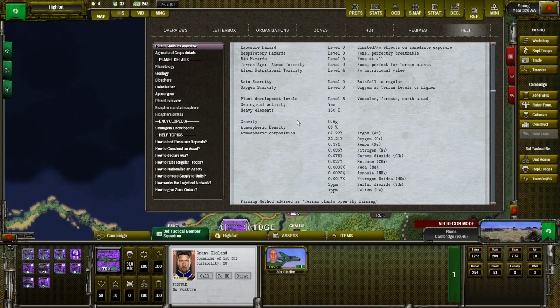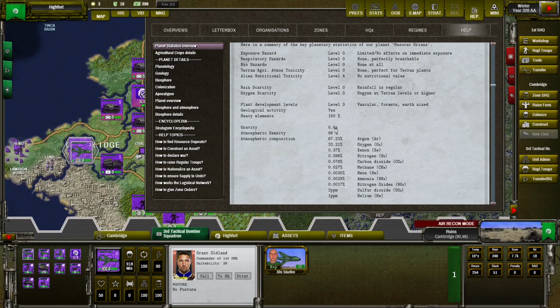So the higher the gravity, the more engine power we need for the same weight of our equipment. Here it is 0.6 G. So on Earth we have 1 G, and here it is 60% of Earth gravity, and atmospheric density is 86%. What does it mean?